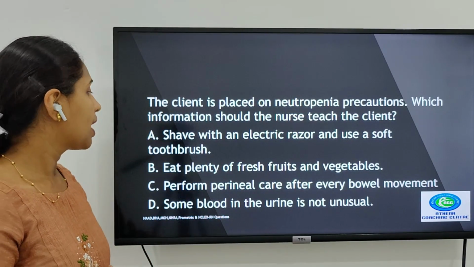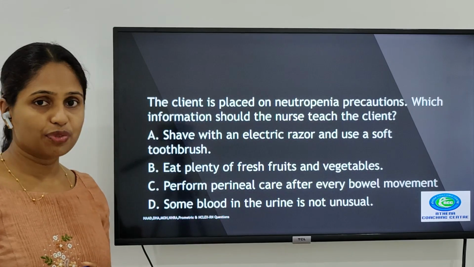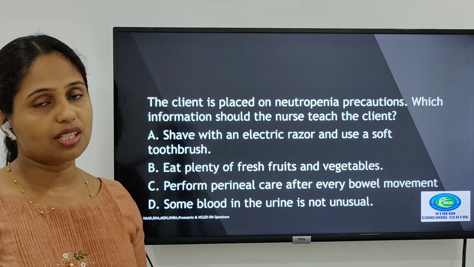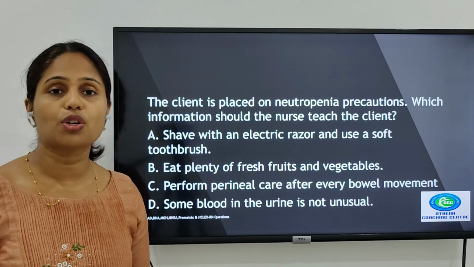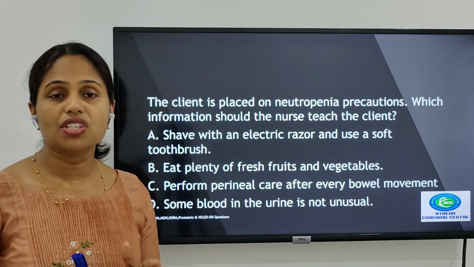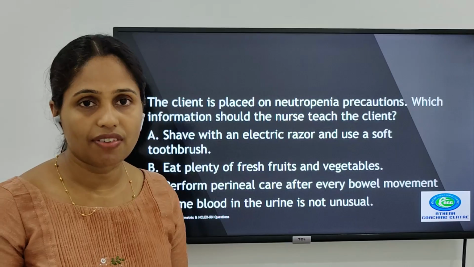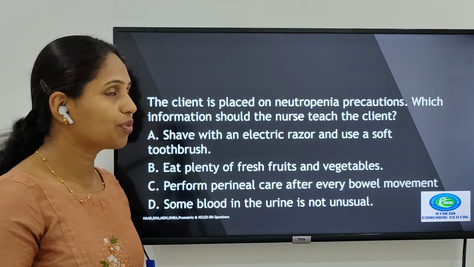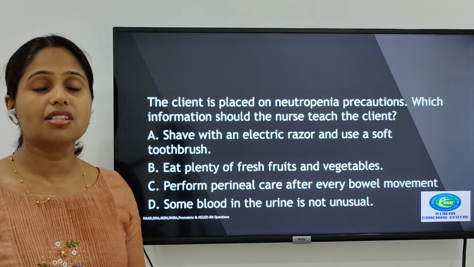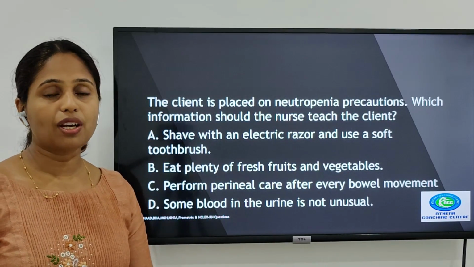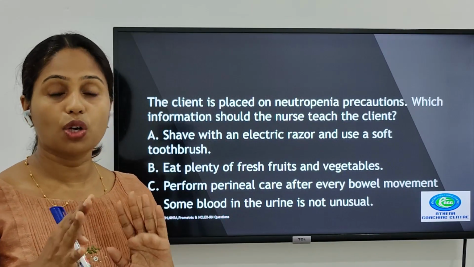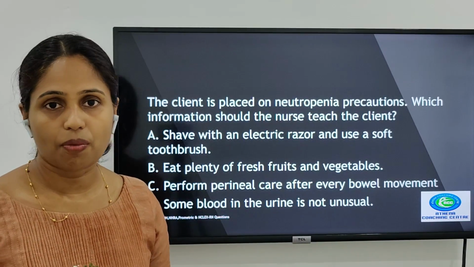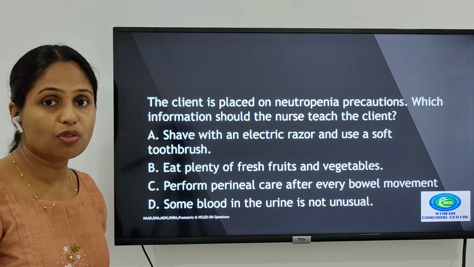Number 2, eat plenty of fruits and vegetables. Fruits and vegetables are considered raw food. If the patient has a tendency to get infection, you are not supposed to give fresh fruits and vegetables. You always need to provide cooked meals; raw food we normally will not provide. Fine, so you can remove B.